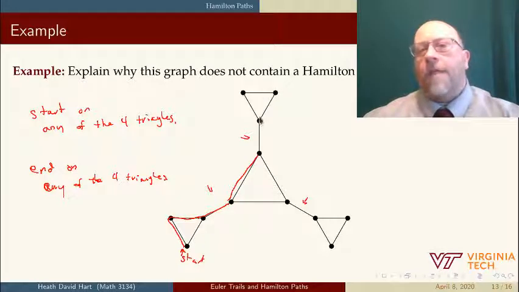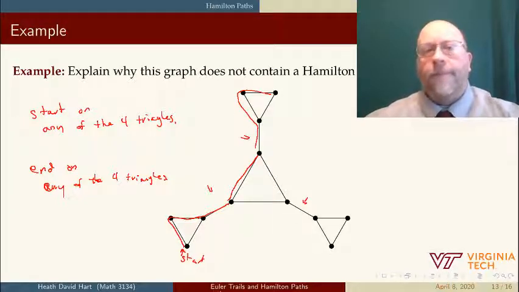I either have to make the decision to go around this triangle or to skip it. But if I skip it, I can't go back. And if I go up to this triangle, then I can't come back down and get to the other triangle. I don't have any way of hitting all three of these external triangles here. And so this graph cannot contain a Hamilton path.